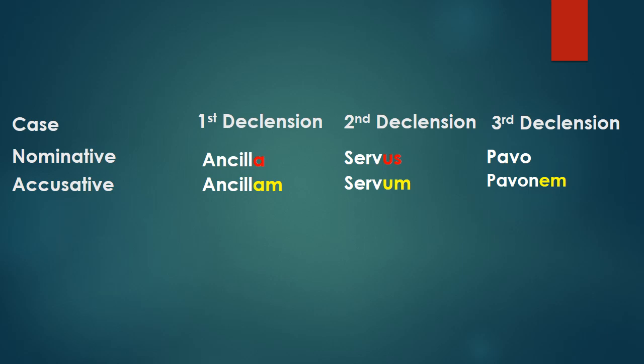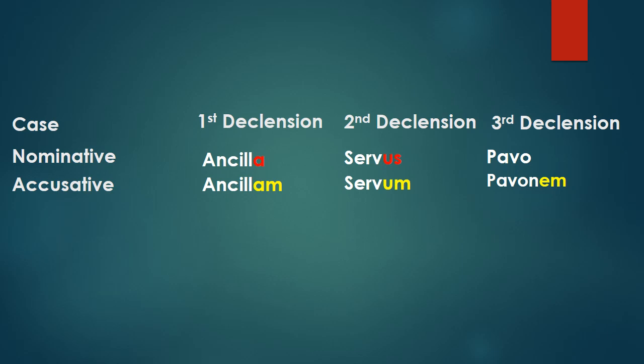The second, masculine nouns such as servus, and neuter nouns. By neuter we mean nouns which are not assigned to be either masculine or feminine. And the third declension is a bit of a bargain bucket, shall we say, with feminine, masculine and neuter nouns.